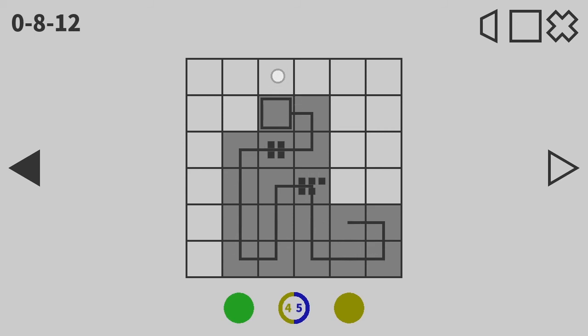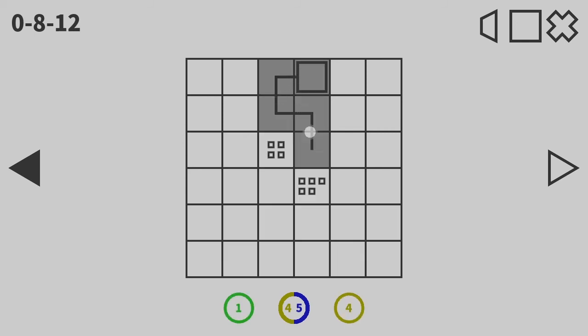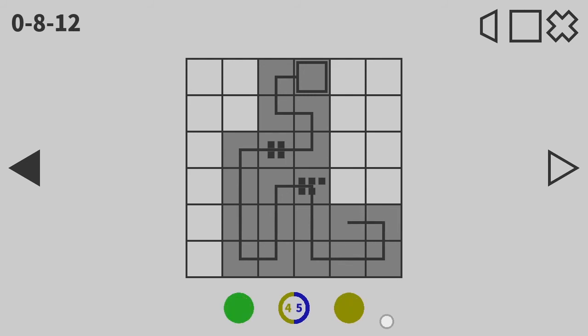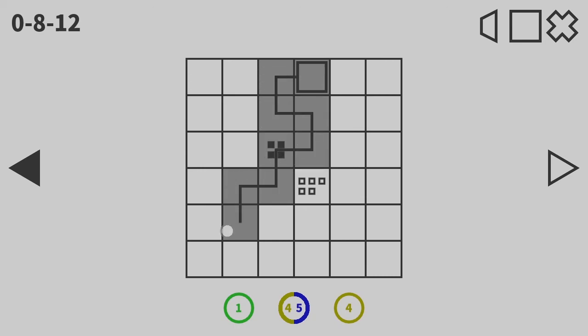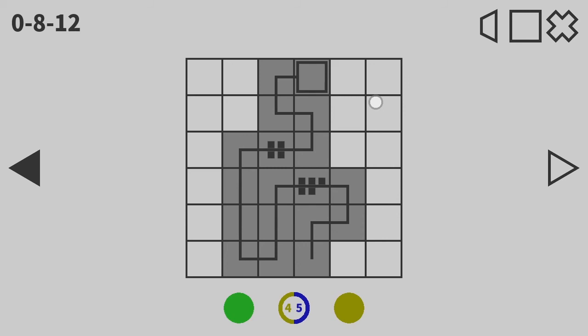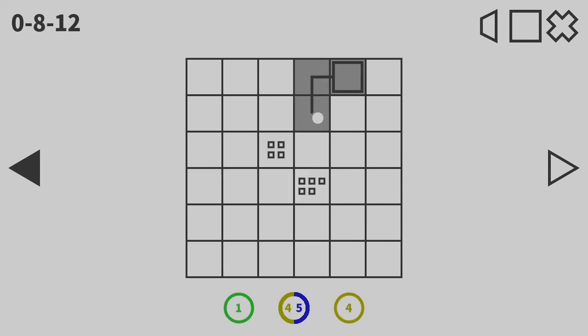4, 2 more required. I don't know what to do about this. Move that there, move that here, move something somewhere. Okay, that shape.